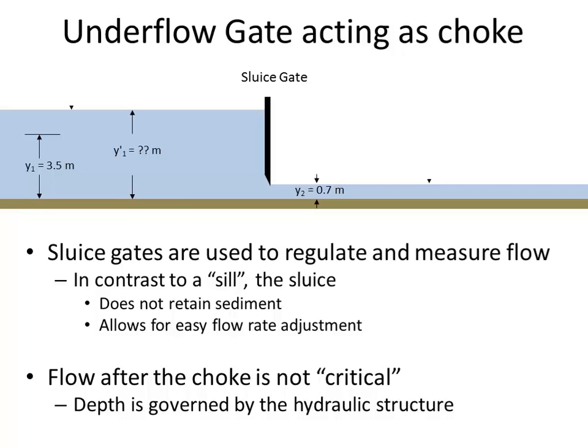If we had subcritical conditions at 1, then they'd be subcritical at 2, though the elevation is going to change a little bit. Or if the channel was getting narrower, that was also a situation where we diagnose the flow regime at 1 and apply the same thing at 2.